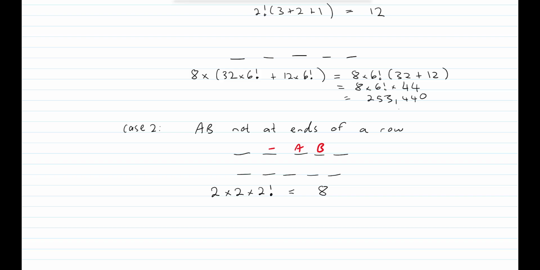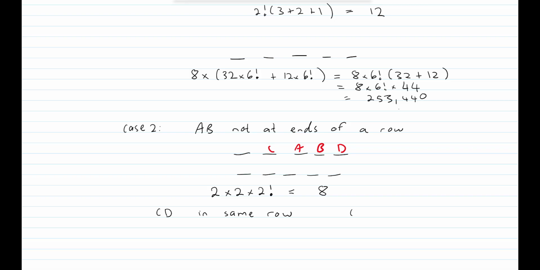Okay, and as before, we can consider at least one of C and D in the same row. So, for example, if we put C here, then D has to go there. Okay, so there's only one place for D to go. Or we could put, say, C in the second position, and D can still go in that final place.